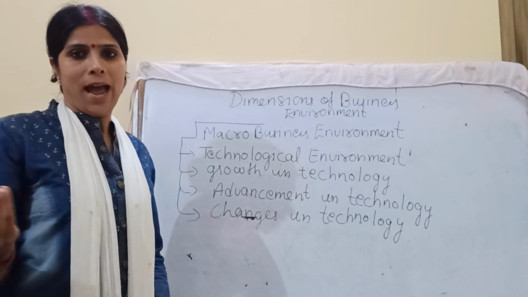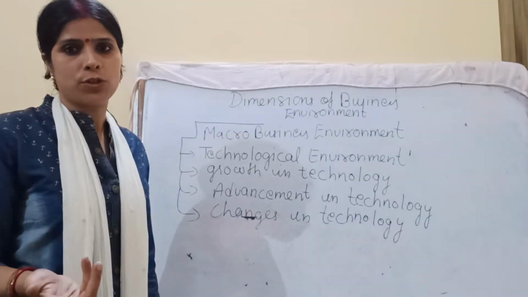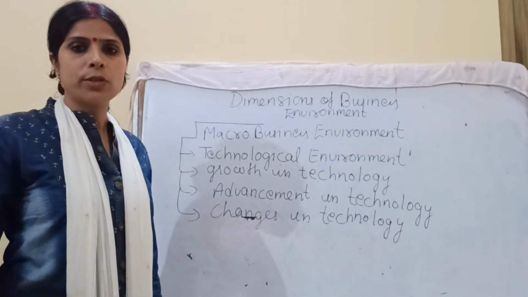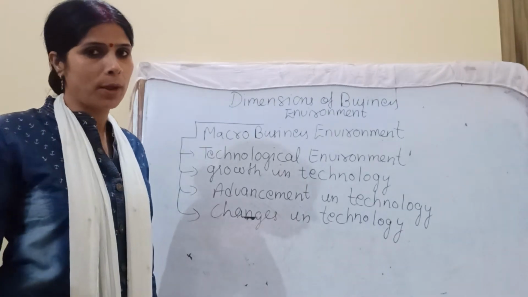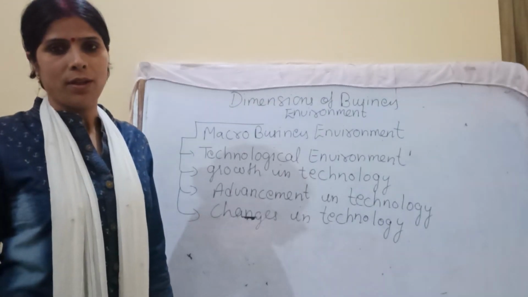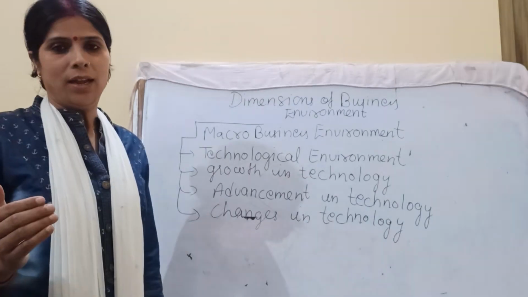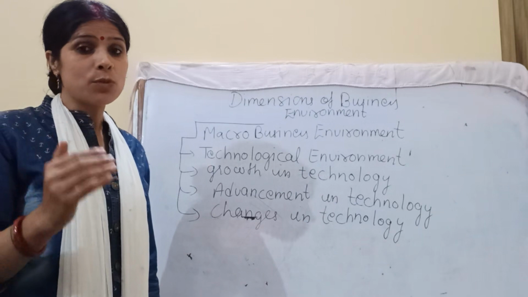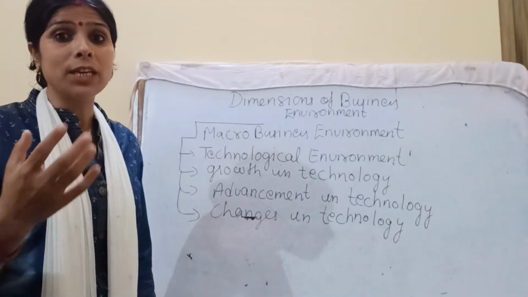Though we are having a problem, you can see, because of this situation, COVID-19, schools are closed. We are not able to go to school. You all are not able to go to school. So in this situation, it is just because of this technology only that we are able to communicate with each other.